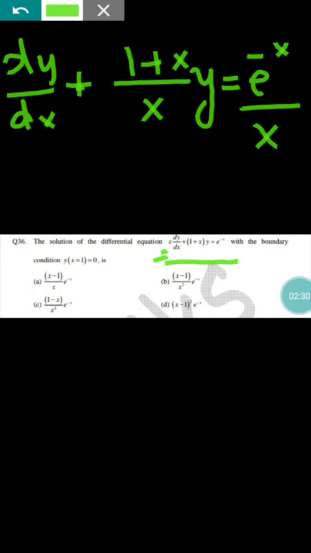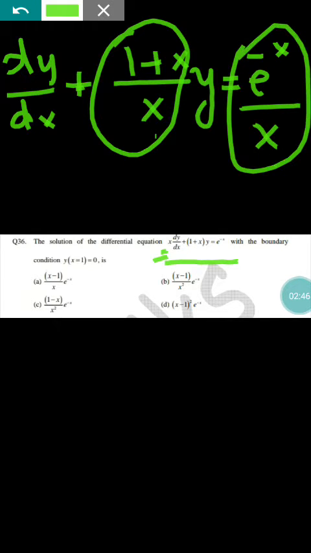Now I got the expression dy by dx plus p of x times y is equal to q of x. The first step was to identify p and q, and now I found what my p and q are.